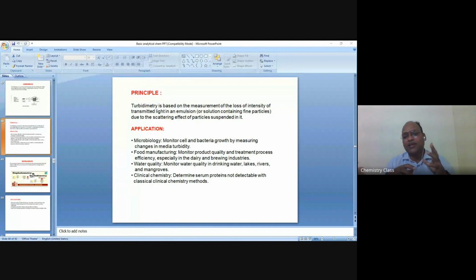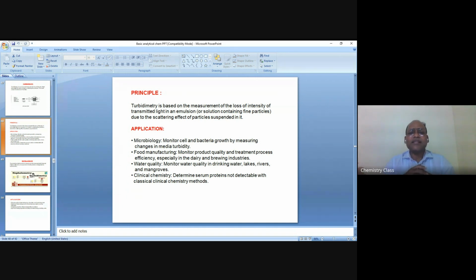When the light passes through this solution, the fine particles present will absorb or block the light. So how much light is blocked and how much comes out after the blockage will be calculated by this process.